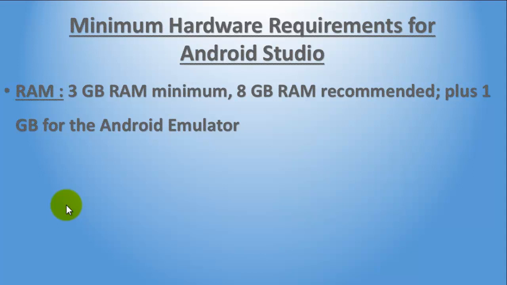What is the recommended RAM size? The Android Studio team recommends at least 8 GB in your machine for top performance, plus you need 1 GB for the Android emulator.